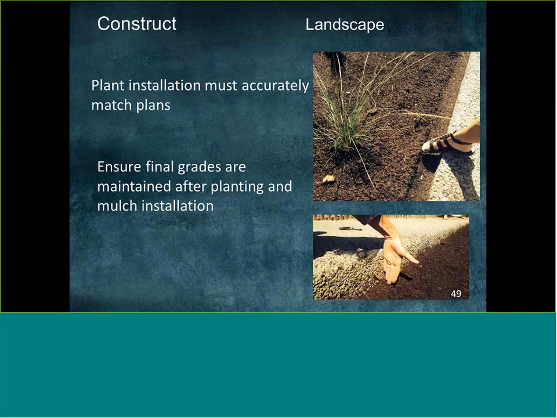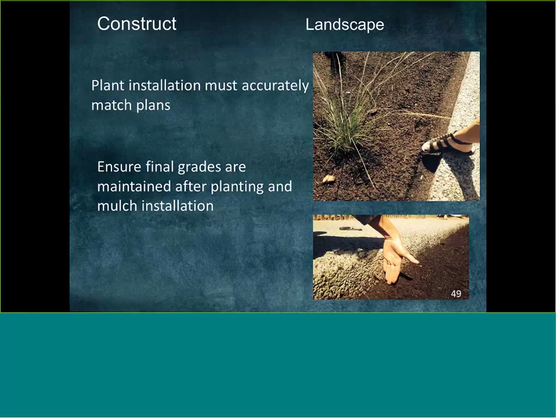So when you get to the landscape and the construction, it's so important to emphasize with the contractor that the grades on the civil plans are what need to show at the end of their landscape installation. Landscape contractors are not always accustomed to having to grade to such a fine level, and they need to consider how much mulch.